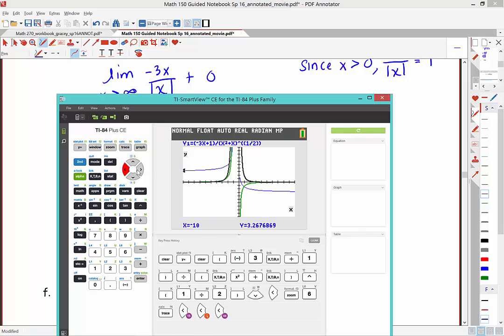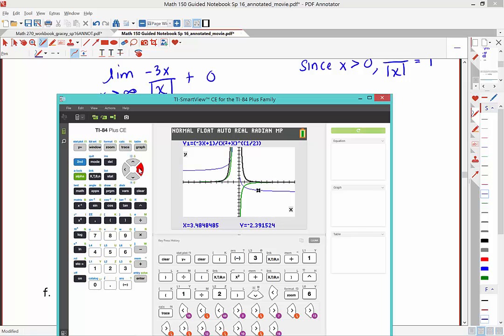And then the limit that we found initially was as x was approaching positive infinity.